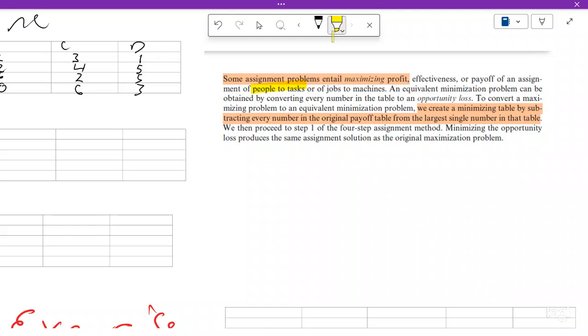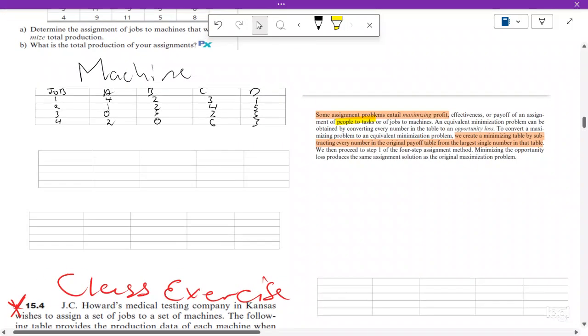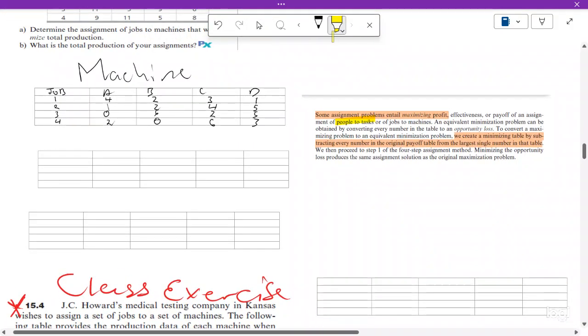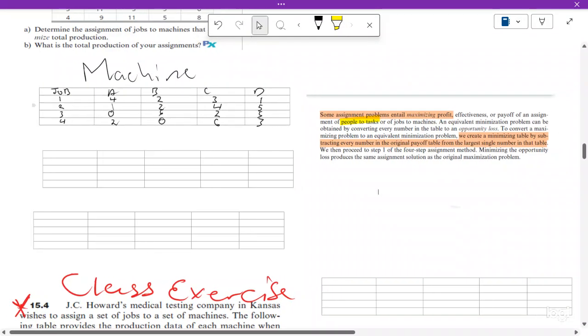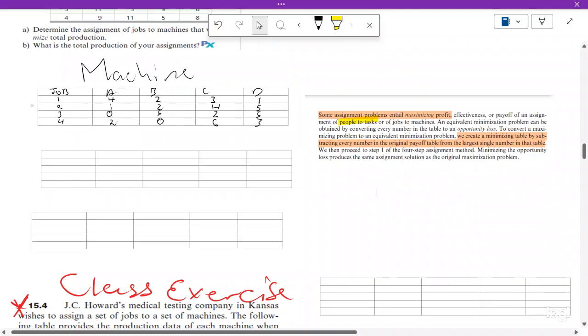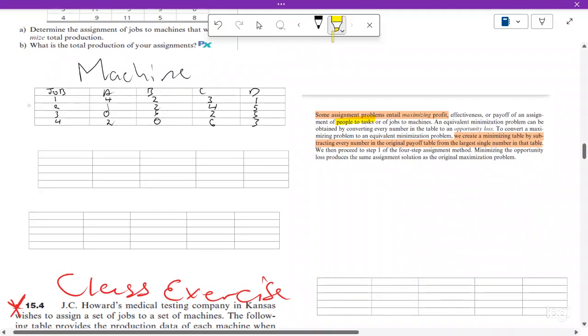So now I think I might understand where this is coming from. Although they also mention jobs to machines, people to tasks, jobs to machines.